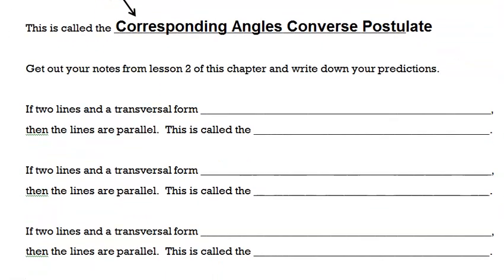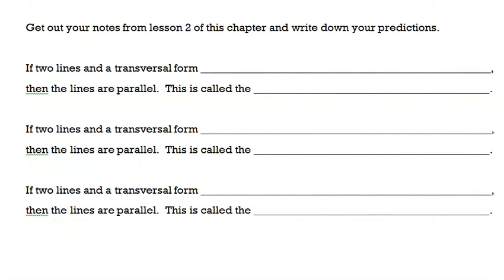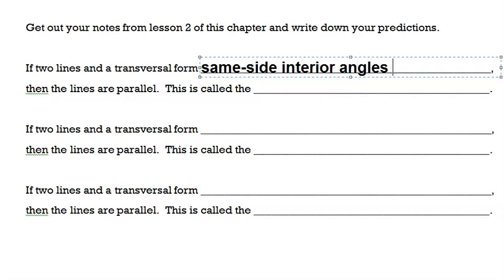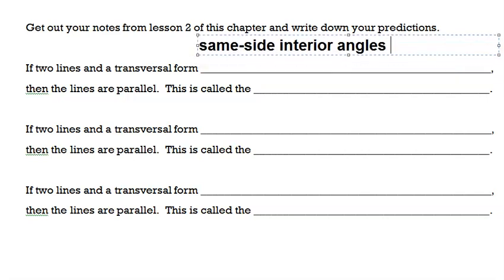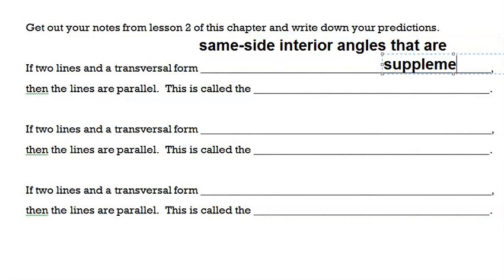If two lines and a transversal form, and I'm going to run out of room, same side interior angles that are supplementary, then the lines are parallel.